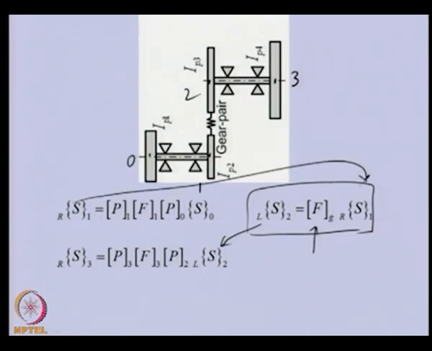So we will get the overall transfer matrix, and then we can apply boundary conditions. Those things we have illustrated previously. So the main focus of this presentation is how to develop this F matrix for the gear pair flexibility element.